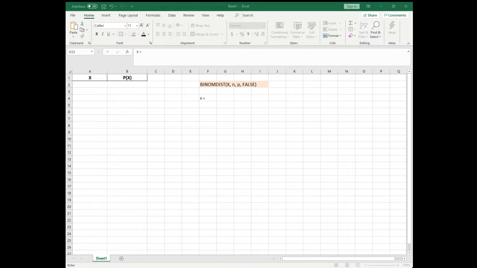So x should be the number of tails. X is my number of tails. Okay, so I'm told that my coin is tossed 3 times. So if I toss it 3 times, then I'm saying n is equal to 3.